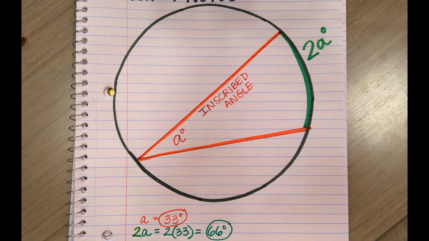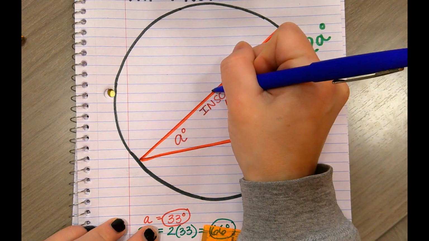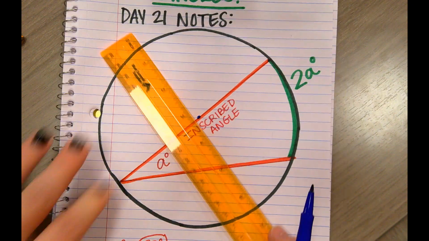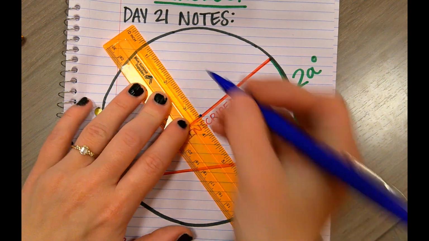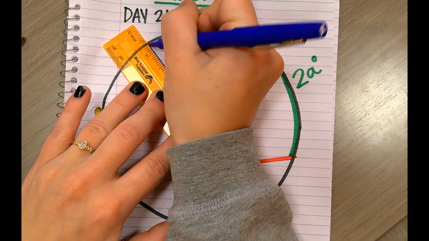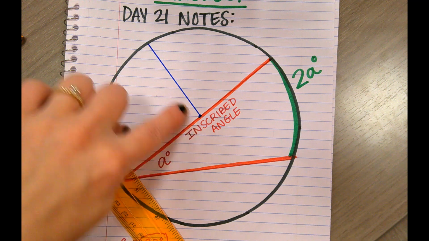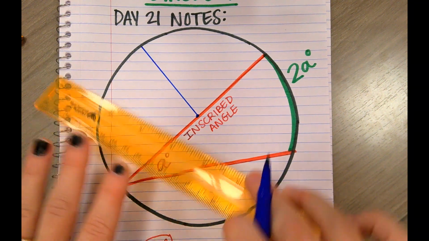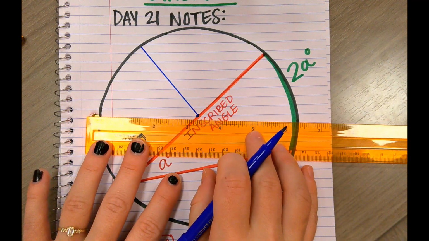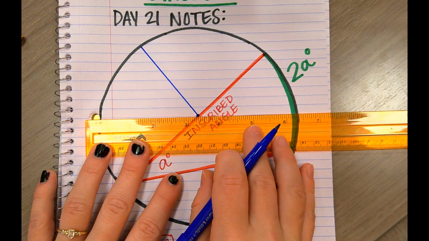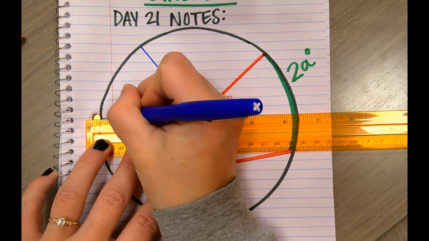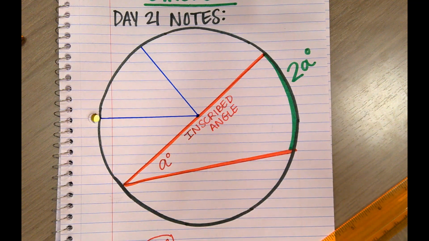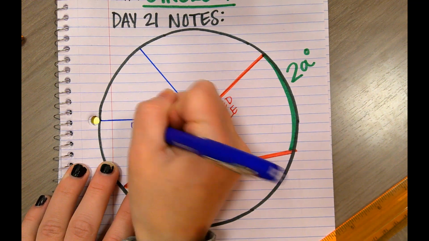I don't remember exactly where it is. I'm just going to put a dot here. I'll say this is my center. And I'm going to draw another angle right here, but this time just go halfway. Basically draw a radius and another radius to create an angle that's in the center.